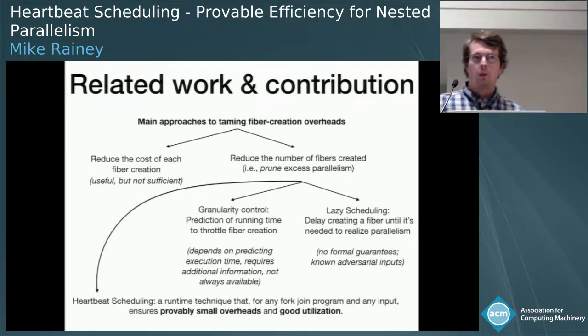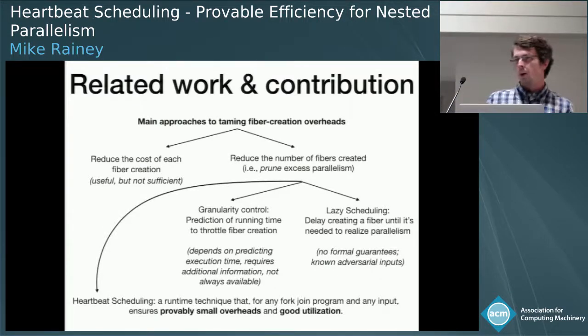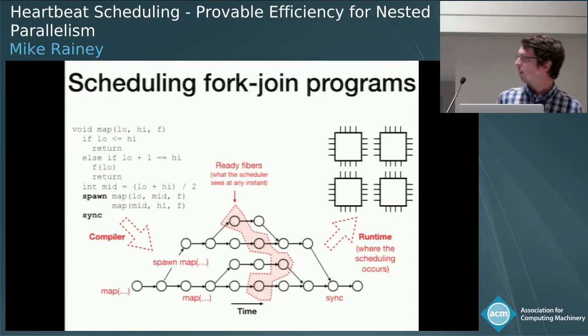The technique that I'm going to be presenting is basically a runtime technique that applies to any fork-join program. It has bounded costs on fiber creation, it has a guarantee on achieving good CPU utilization, and it has an implementation that's competitive with state-of-the-art systems.